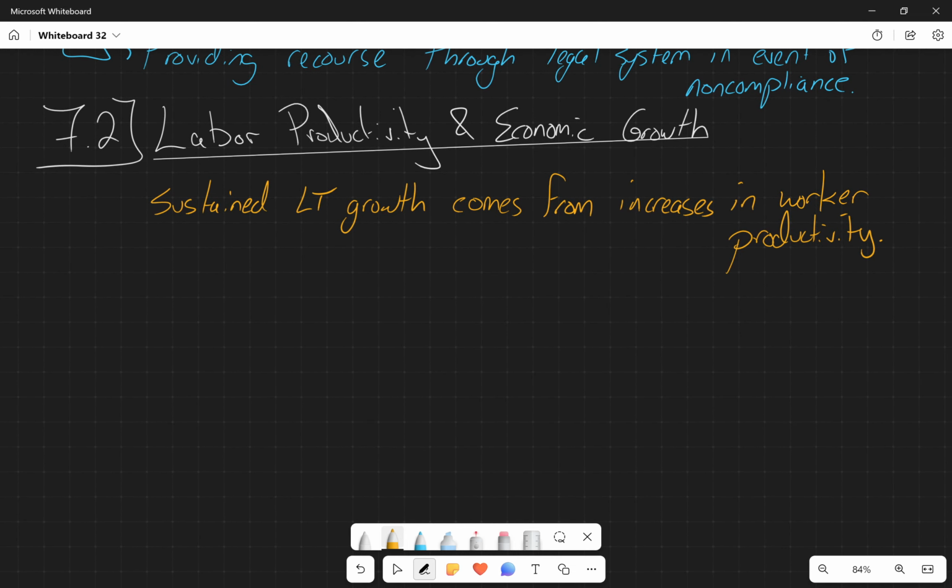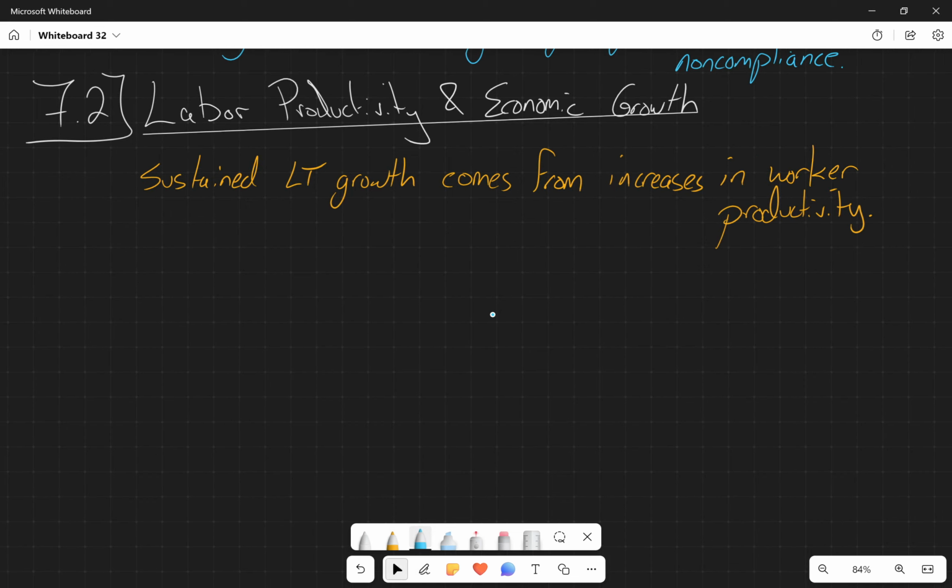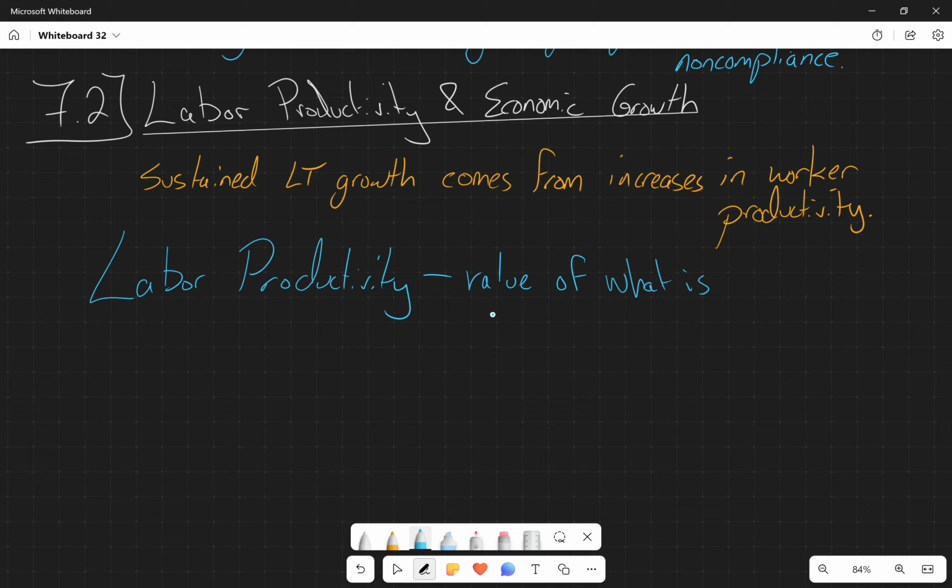And when we're talking about worker productivity, we're really talking about our technical term, which is labor productivity, which is just the value of everything produced per worker.